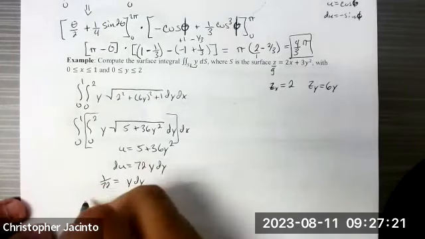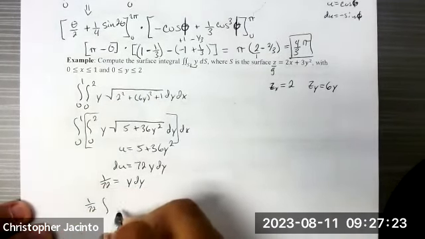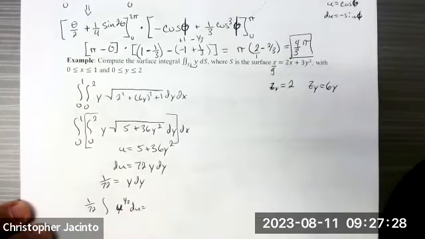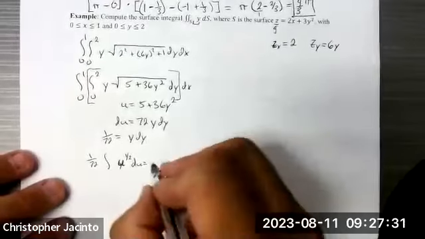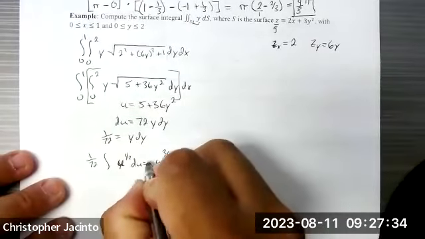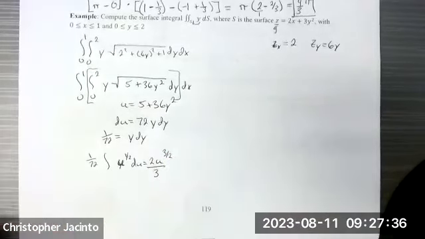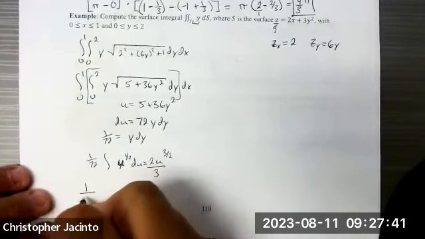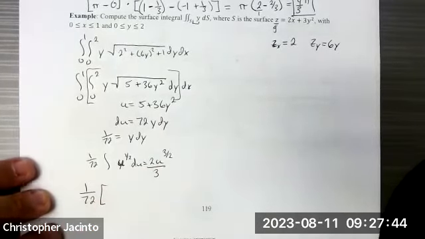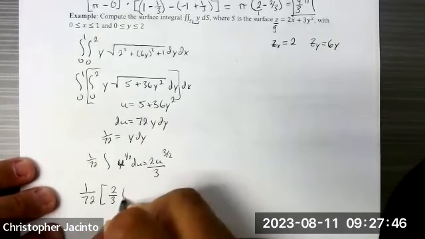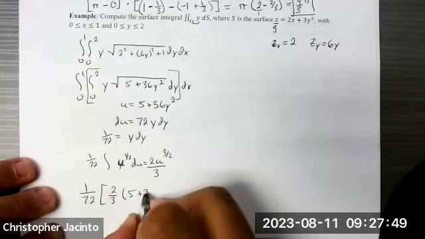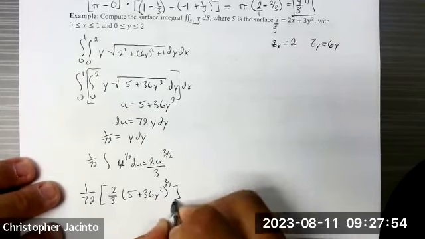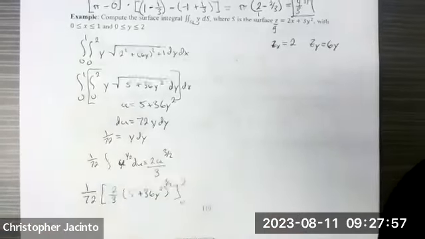So therefore, it's going to be 1 over 72 times the integral of just u to the 1/2 du, and that gives us u to the 3/2 with a 2/3 here. So it's going to be 1 over 72 times 2/3, where u was 5 plus 36y squared, to the 3/2, evaluated at 0 and 2.